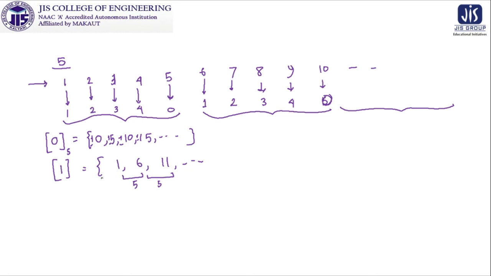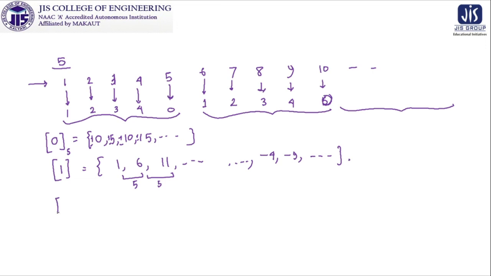So if you want to go back, from 1 to 0, 0 to -1, -1 to -2, -2 to -3, -3 to -4. So -4 will be in the same category, then -9 will be in the same category and so on.